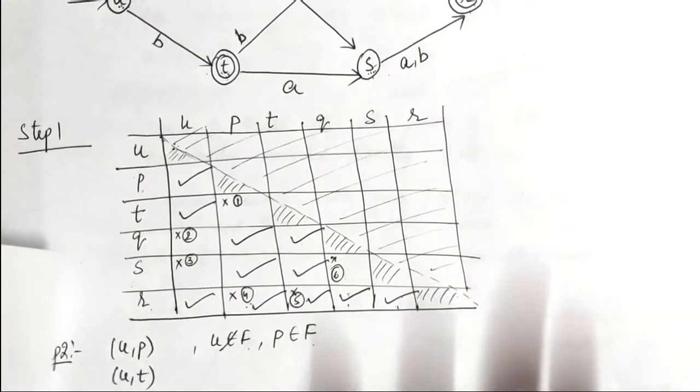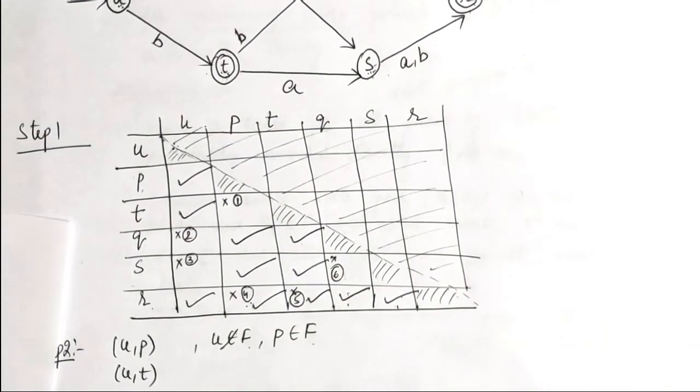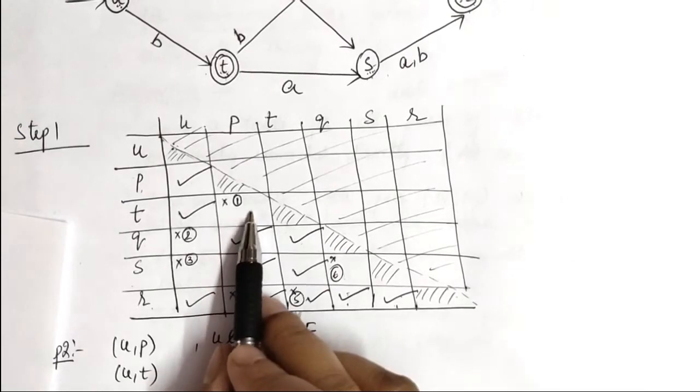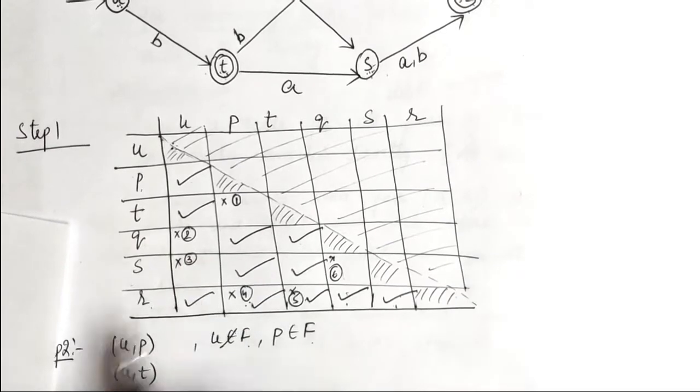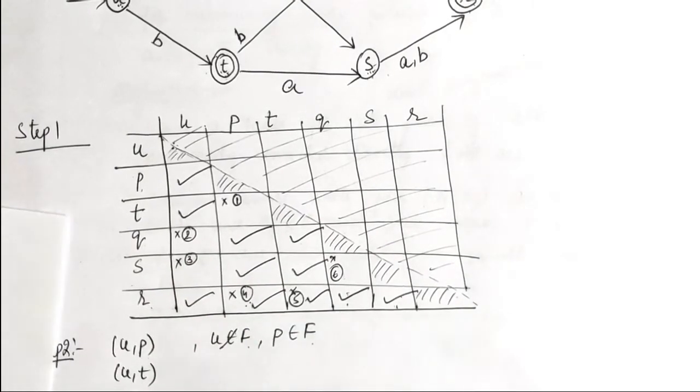Now again check how many cells remain unmarked. That is numbers 1 and 2, 3 and 6. So we again check whether, after all the updation, these pairs will be marked or not.